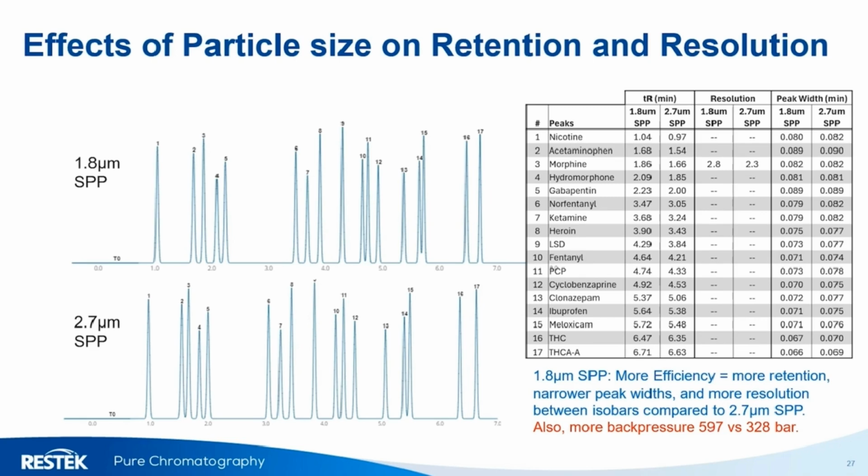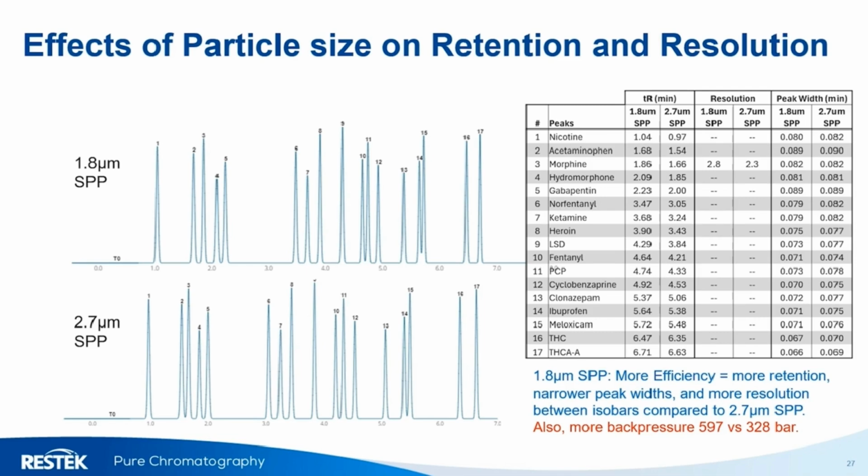You can see we start with a 2.3 resolution value for the 2.7, and that increases to 2.8 on the 1.8 micron particle. Peak widths are narrower just by a little bit, but they are measurably narrower on the 1.8 micron particle.